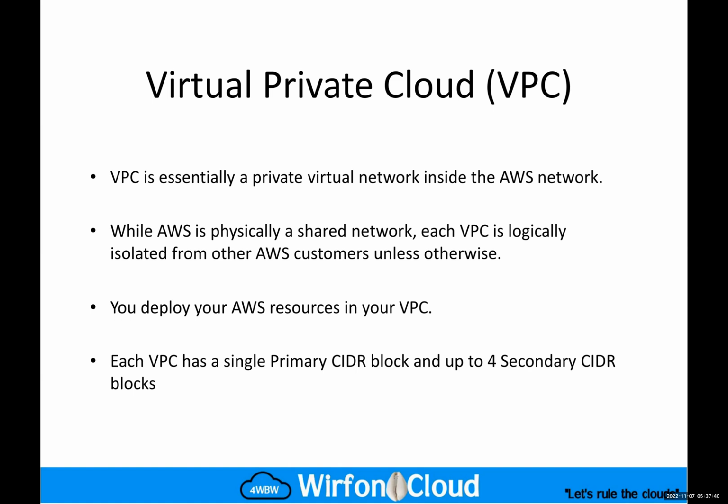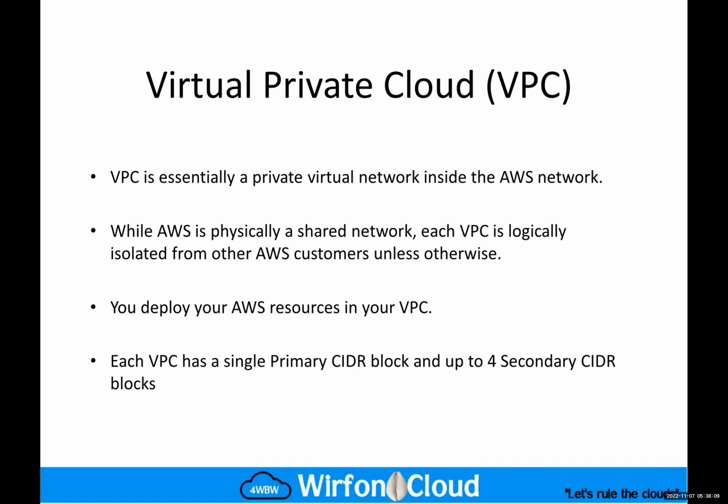Now, when you have a VPC within the AWS network and you create resources, for example, you deploy a virtual machine, or you create a database instance, these are created within the particular VPC that you've chosen to create them in. So as a customer of AWS, every resource that you create or deploy is created within a VPC of your choosing, and that VPC belongs to you.